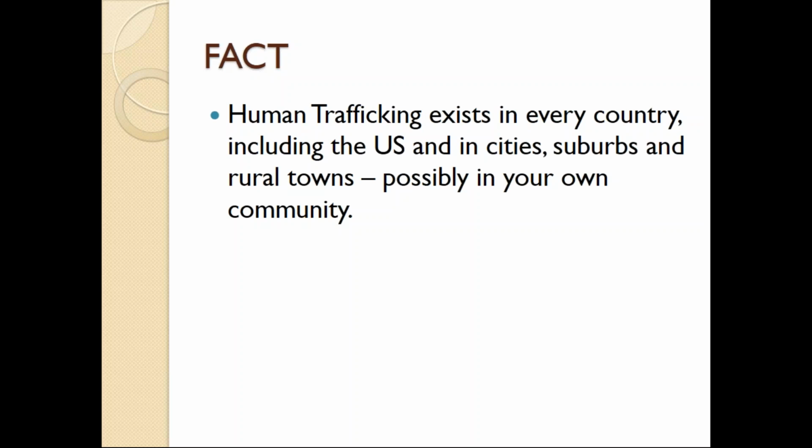They had connections, and it was a whole ring. And what would happen is that the victims were rotated between those cities so that they would never develop any kind of connection with anyone, and they would never know exactly where they were. So it can happen basically anywhere.